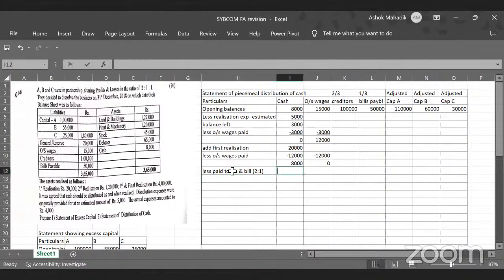So from 8,000, I'll pay all full 8,000 rupees. So cash will become 0. Now divide this 8,000, 2/3 to creditors and 1/3 to bills payable. I'll do it here. 8,000 into 2 by 3, 5333. I'll just round it off. 5333.